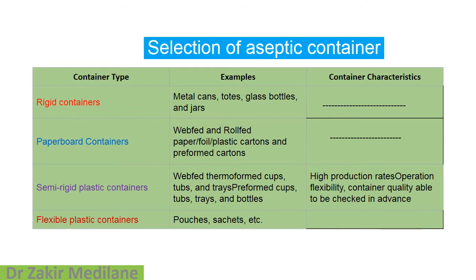If you see the characteristics, what characteristics should a semi-rigid plastic container have? We can say high production rates, operation flexibility, and container quality able to be checked in advance. For flexible plastic containers, the examples are pouches, sachets, etc.